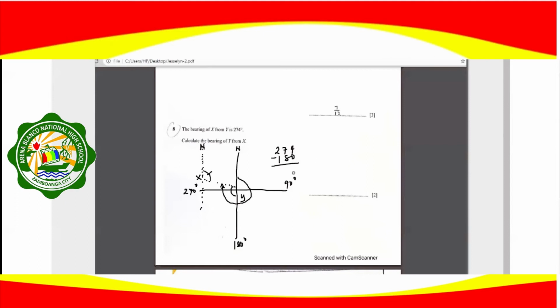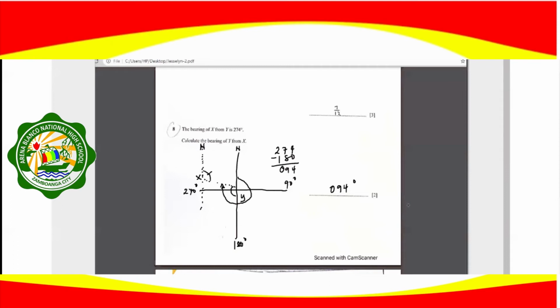And how much is that? 94 degrees. Okay, so 94 degrees. So that will be our answer.